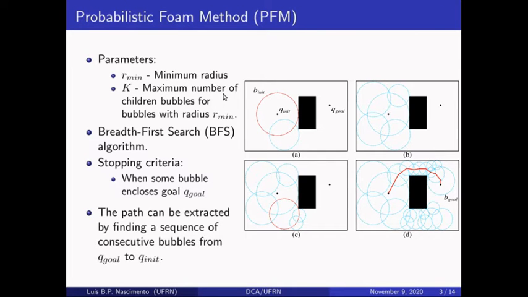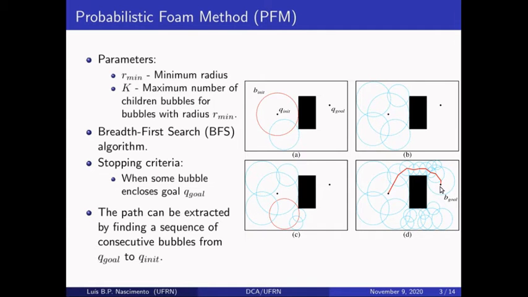The probabilistic foam propagates through the free space by expanding new bubbles on the surface of the parent bubbles. For each generation, new bubbles can be expanded on the surface of other bubbles as in a BFS algorithm. Thus, the foam propagates until some bubble encircles the goal configuration.